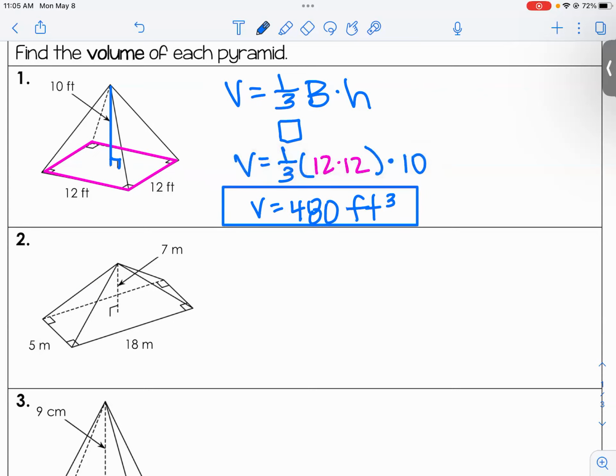Some of you did not label all of your answers, and I probably should have taken off points for that, but I didn't. So before we get to our projects this week and our tests, we really need to make sure we're in the habit of labeling our answers, because I will take points off on your project and on your test. Okay, so this is your what?